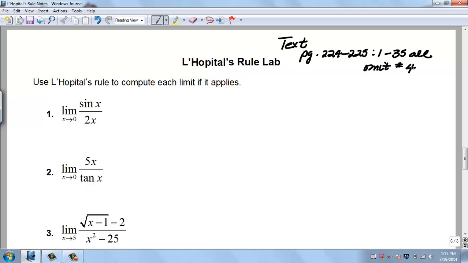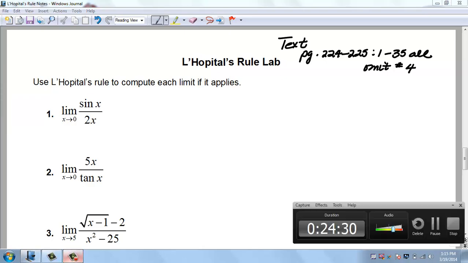So when you get to class next time, what you're going to do is practice these labs and work on the text assignment, and then when I see you, we'll go over anything you might need help on. Okay? So that's L'Hopital's rule.